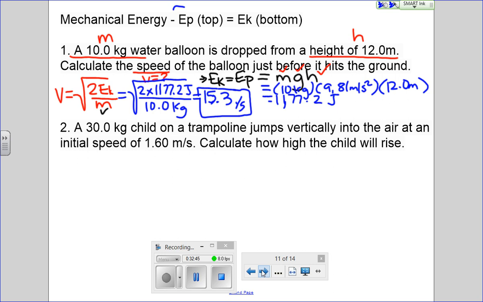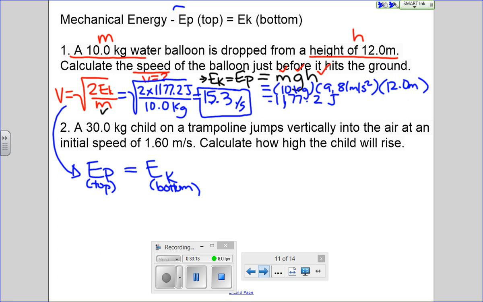So then I'm going to show you this other way. I'll do it down here so that I can leave this up on the screen. I'm still talking about question number 1. Instead of doing 2 separate steps, I could do this calculation all in one step. I'm saying that potential energy at the top and kinetic energy at the bottom are the same.